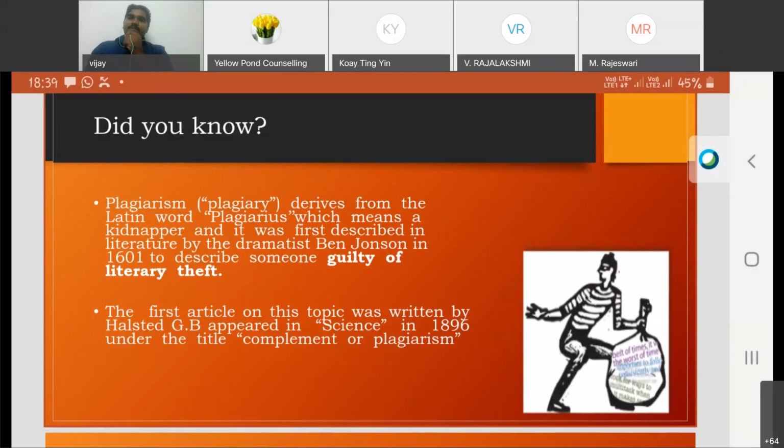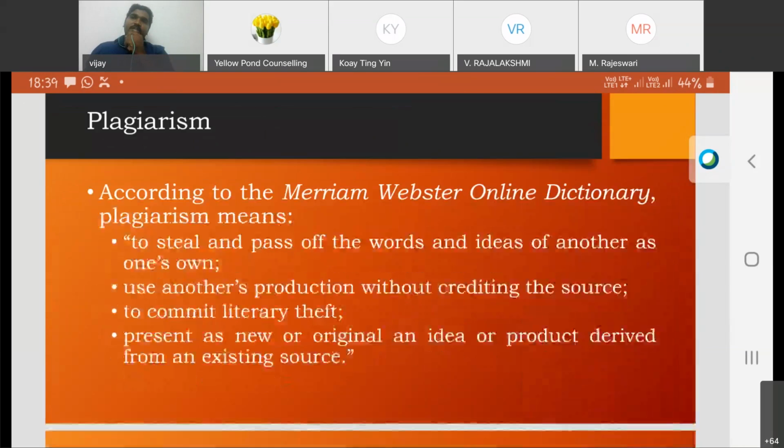When we are talking about plagiarism, according to the Webster Online Dictionary, it has certain meanings: to steal and pass off the words and ideas of another as one's own; to use another's productions without crediting the source; to commit literary theft; to present as new or original an idea or product derived from an existing source.